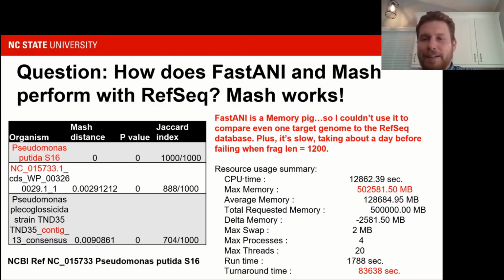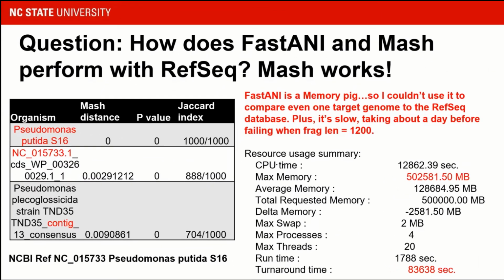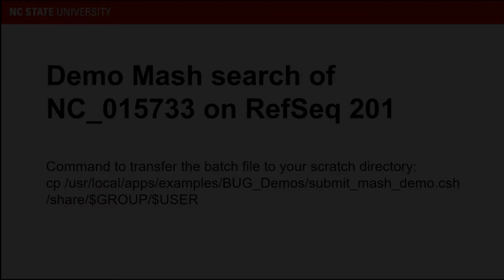So fragment length was too long. There is a way around this. And if you really want to use FastANI, I can show you how to do it. Basically, you have to break up your database into smaller pieces and then use the smaller frag length.